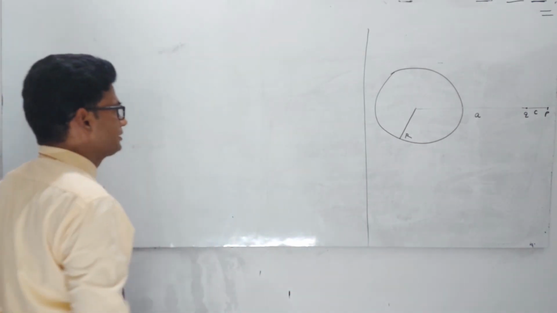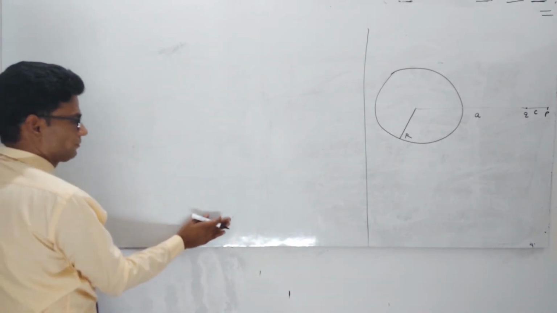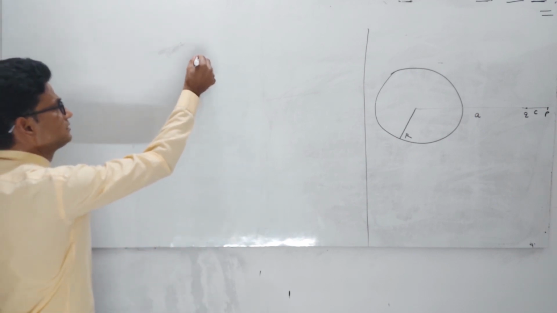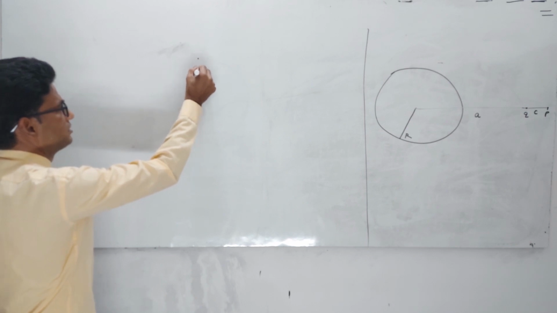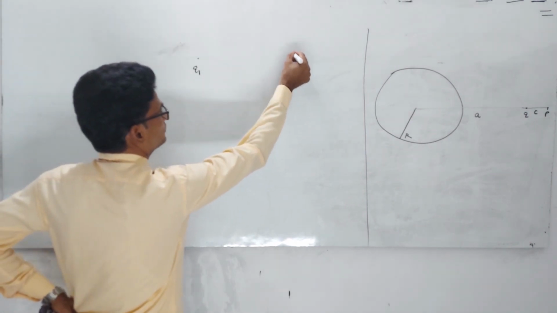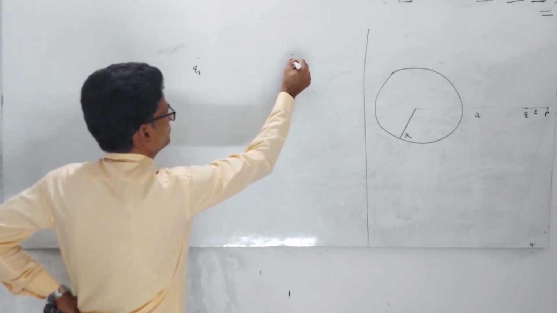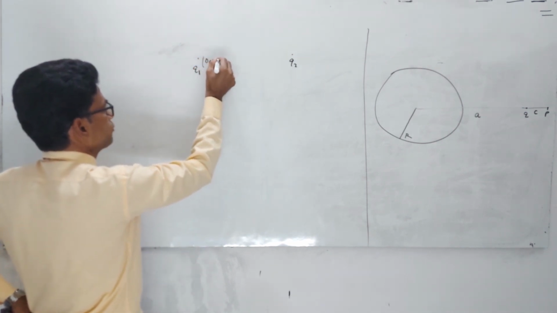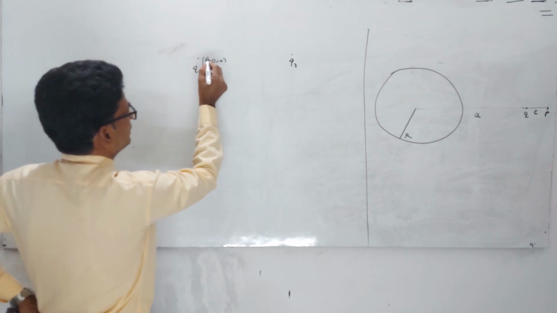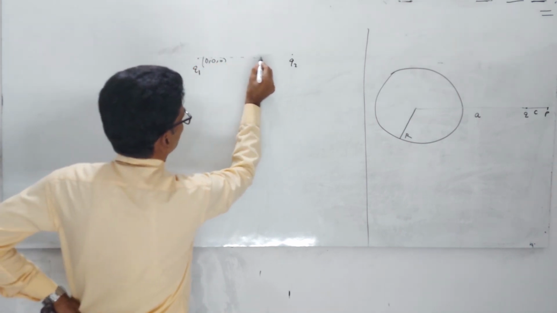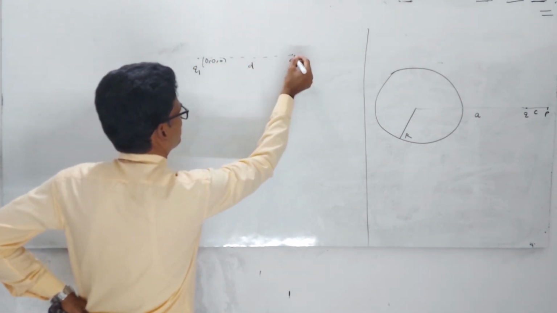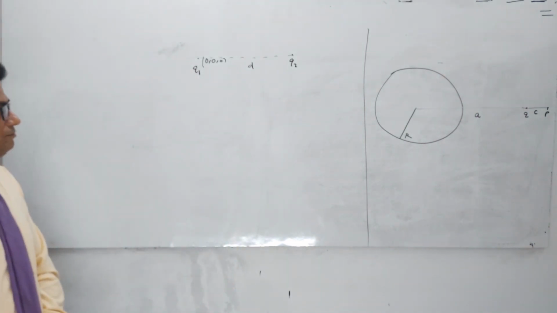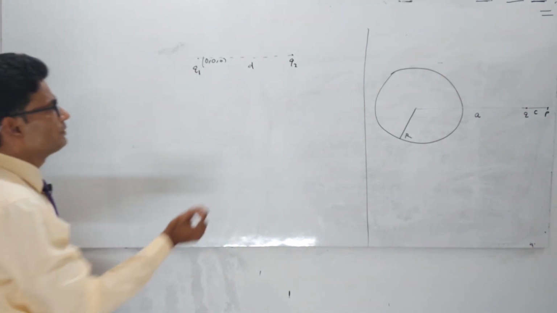So we take two point charges, say Q1 and Q2. Say it is origin 0, 0, 0 and the other is at a distance, say D, here. So coordinate will be D, 0, 0.